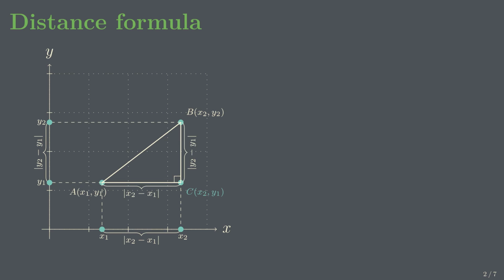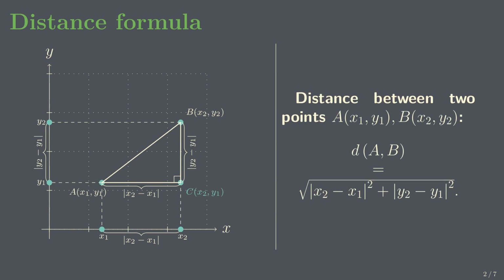From the Pythagorean theorem, the distance from A to B is the square root of (x2 minus x1) squared plus (y2 minus y1) squared. This is the distance formula between two points on the plane.